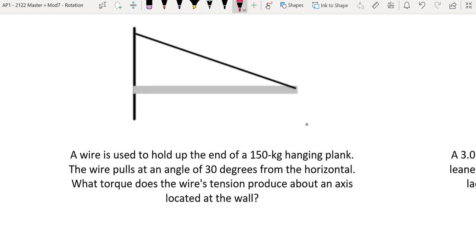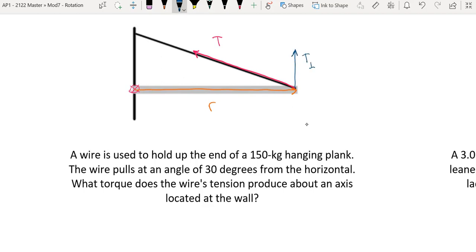And we're asking what torque the wire's tension produces about this axis located at the wall. Okay, well, here's the tension force. Here's vector R. In this case, for me, it's easier to identify T perpendicular.